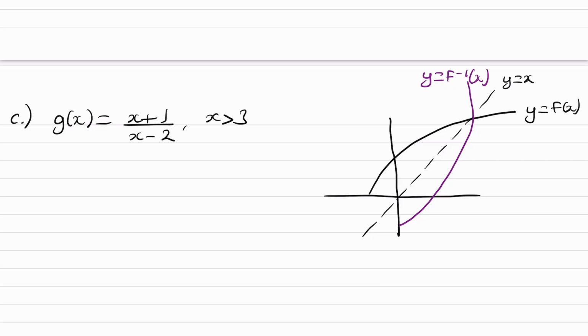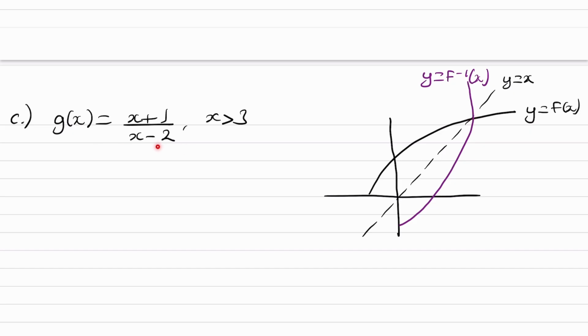So a quicker way of working out this point of intersection would be to not solve f of x and inverse f of x simultaneously, but rather to solve one of these two equations simultaneously with y is equal to x. We can solve y is equal to f of x with this simultaneously, and that will give you this point, or we can solve these two equations here simultaneously, and that will also give you this point.